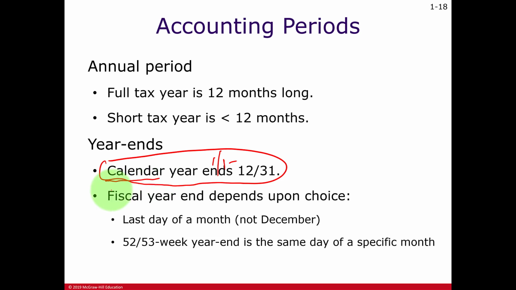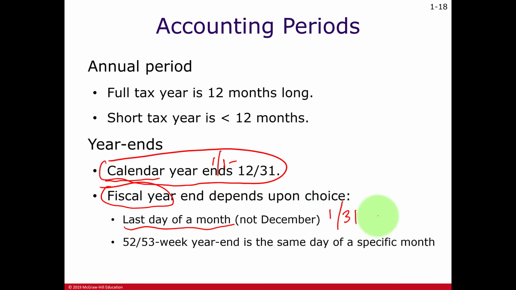I have never seen an individual not use a calendar year, although I've seen many corporations and probably partnerships using non-calendar years, or here a fiscal year, where most times the year end is the last day of a month other than December, like January 31st. If this is your year end, tell me what's the beginning of your year? Really, it's just the next day, but 1 year before that, right?